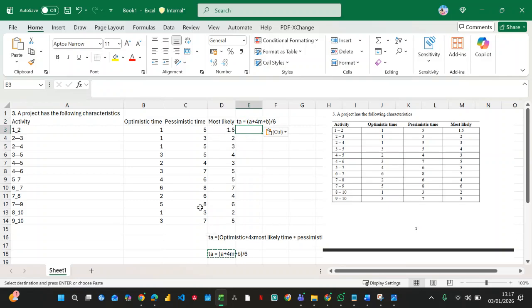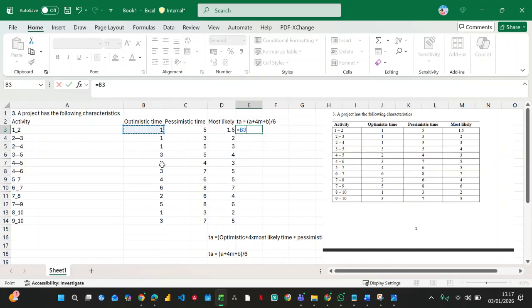I can say equals A, which is 1, plus 4 times M, which is this one, and then plus B, divided by 6.